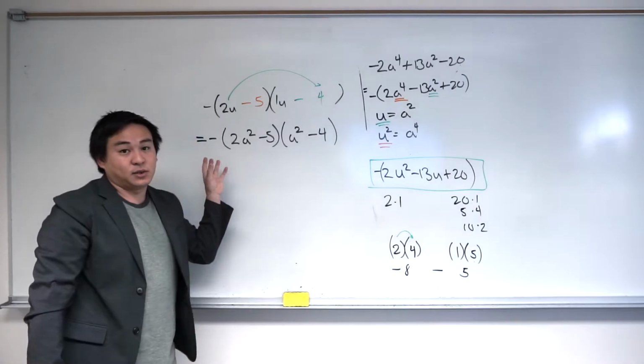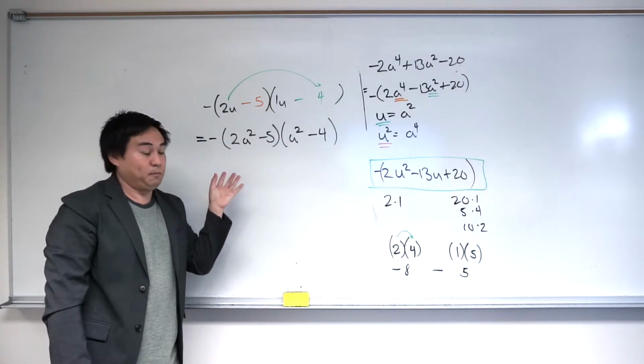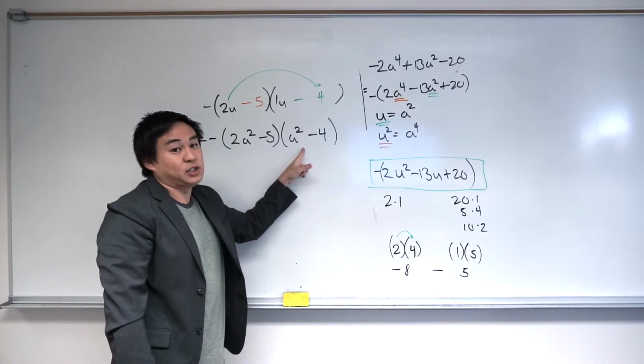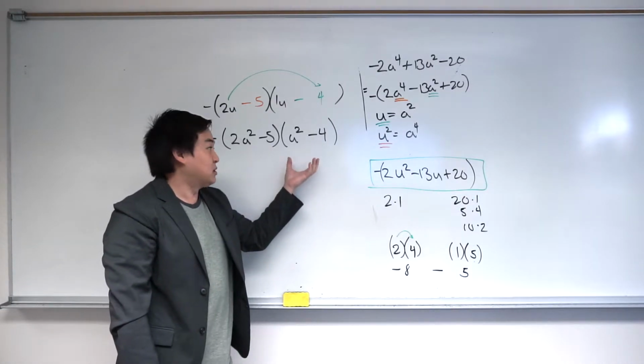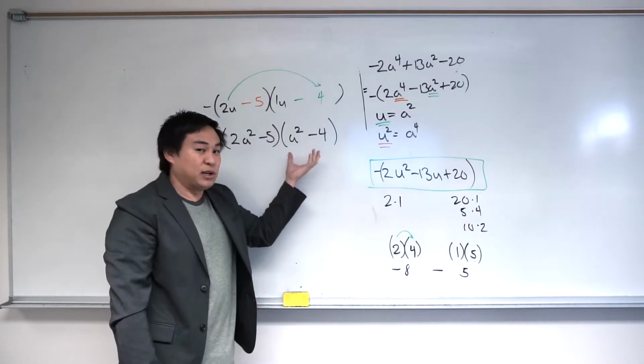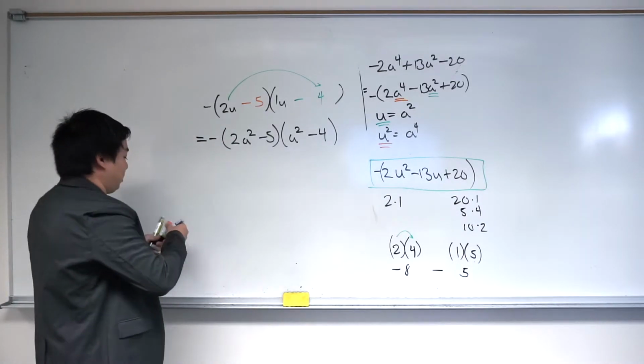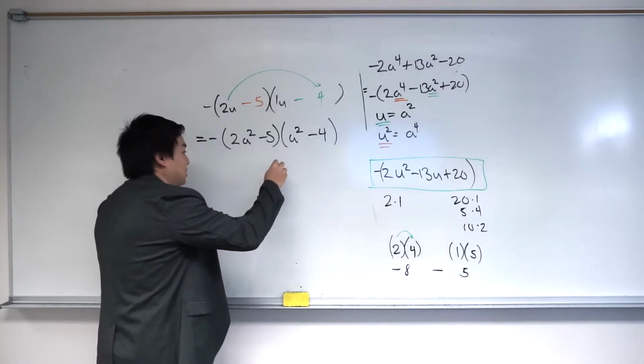This is a case where you actually have to factor some more. So this right here, which we'll learn in the next section, is actually a special type of factoring. It's called the difference of squares. But you don't actually need to know that in order to factor it. You can just do it the way that we've been doing it in the past couple videos.